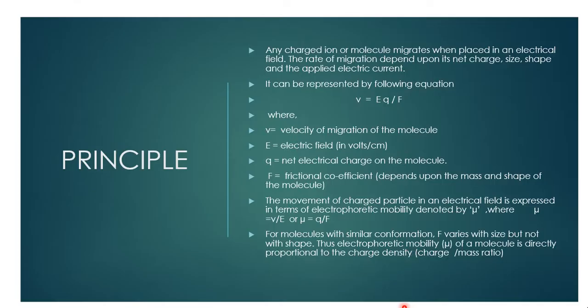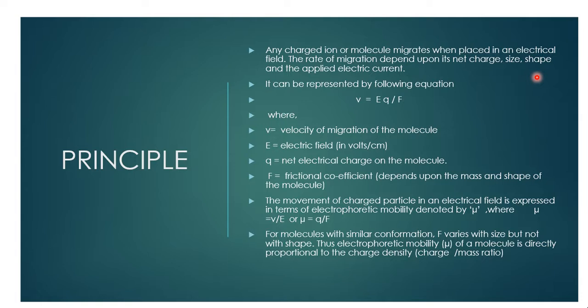Then coming to the principle behind electrophoresis, we are majorly concerned about the principle and applications of electrophoresis. Any charged ion or molecule migrates when placed in an electric field. The rate of migration depends upon its net charge. So what is the charge of it?